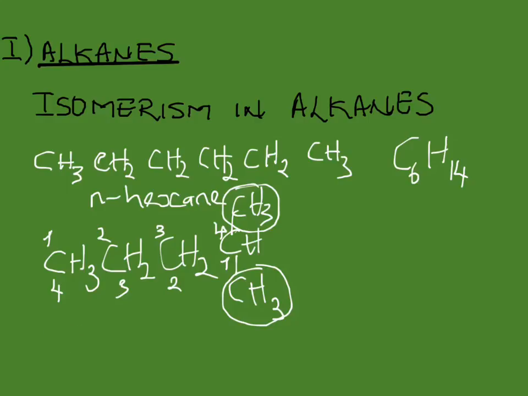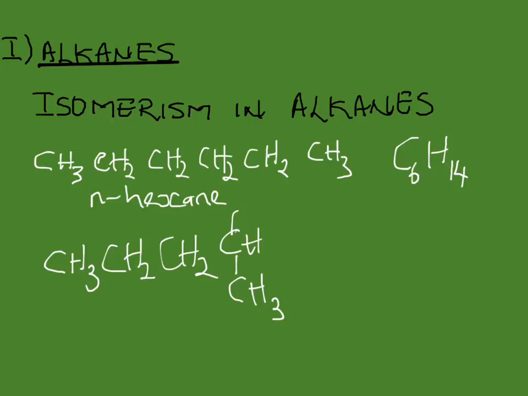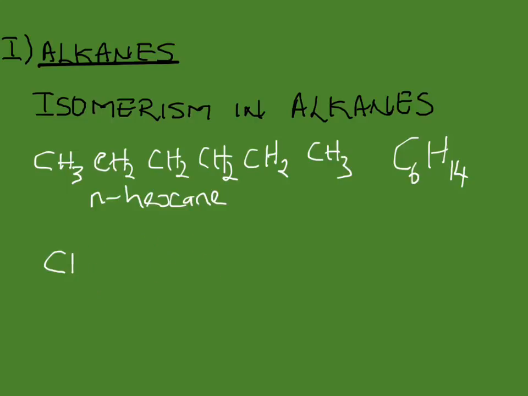And we realize that the first 3 members of alkanes, that is methane, ethane, and propane, do not have isomers. But from butane upwards, each higher member has a progressively greater number of isomers.